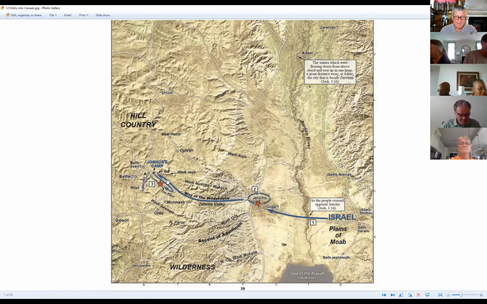Number four, the enemy would be trapped by the pursuing enemy between the main force and the capturers of Ai. And number five, he also sent a small detachment to put a strong blocking force in between the towns of Bethel and Ai, in case the people of Bethel tried to reinforce Ai once it came under attack from the rear.